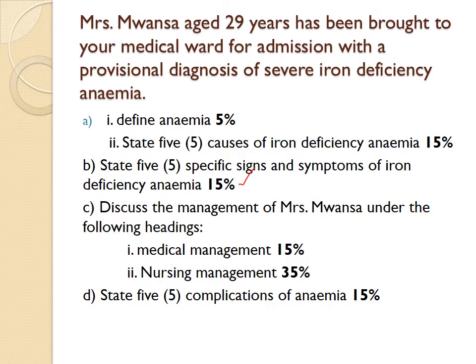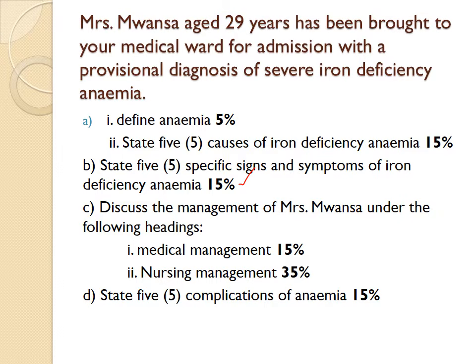One of the specific signs and symptoms of iron deficiency anemia is fatigue. Fatigue is due to reduced energy and oxygen, since iron is also involved in the conversion of blood sugar to energy.